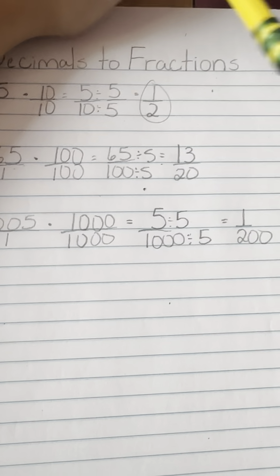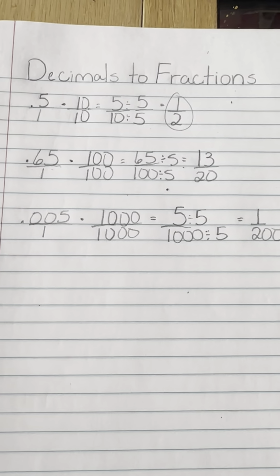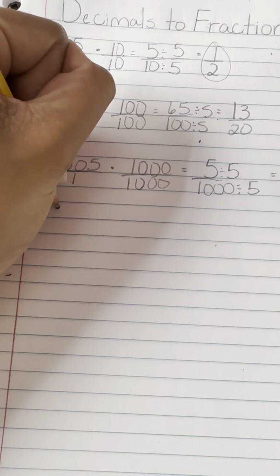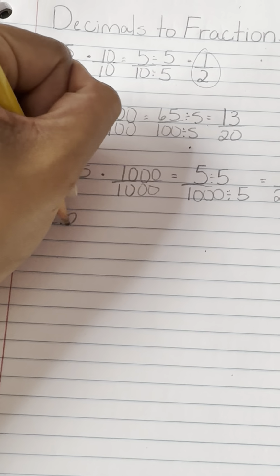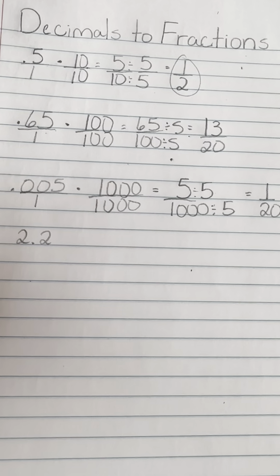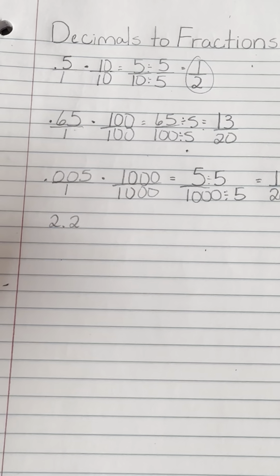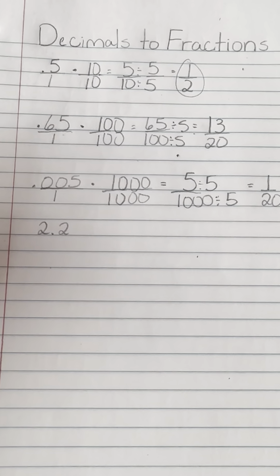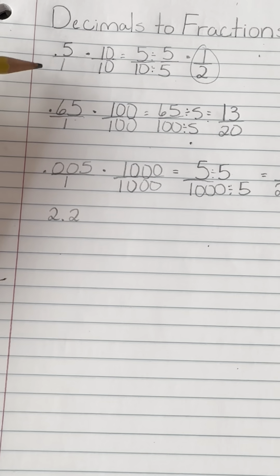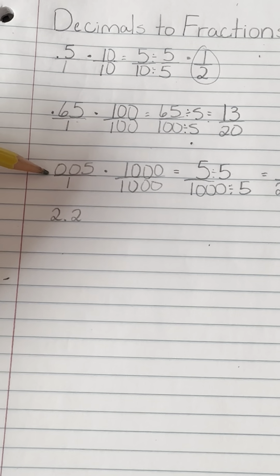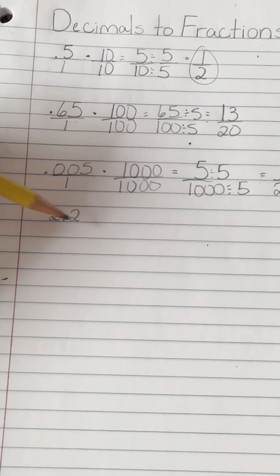Please excuse me. Let's do 2.2. Okay, so 2.2. Now, this is a little different, right? Because all the numbers we've had so far were numbers where the digits were only after the decimal, not before.